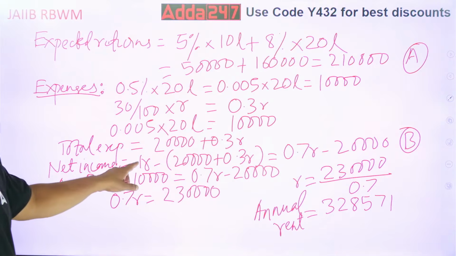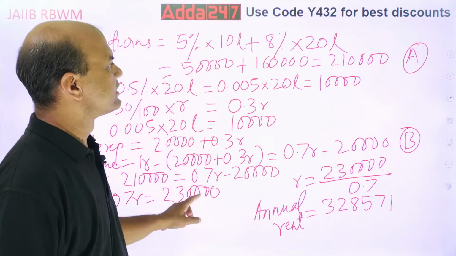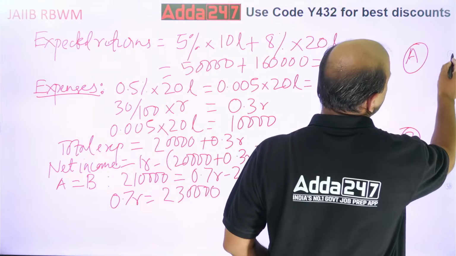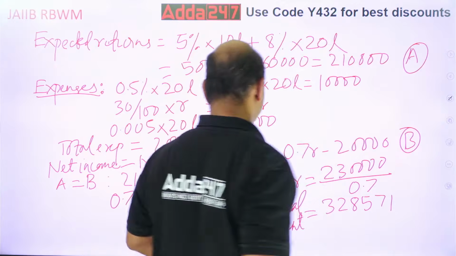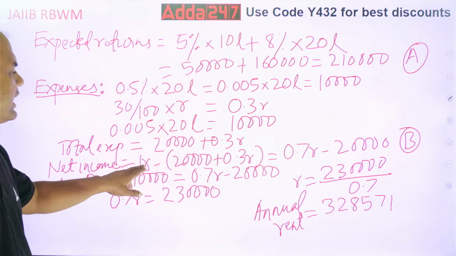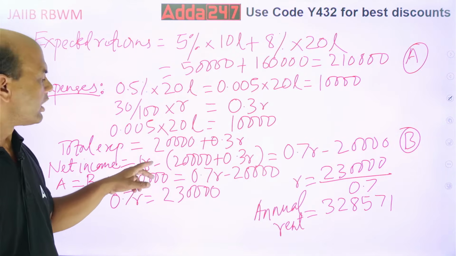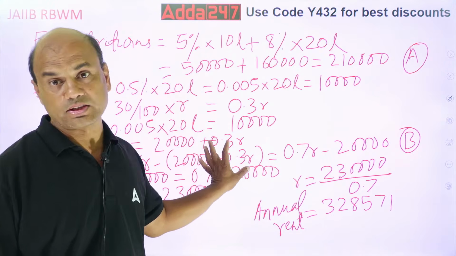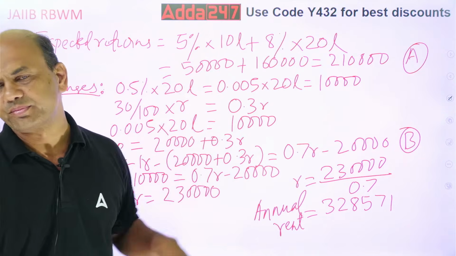See this, 1R. Understand the problem first. From the house, what am I getting? I am getting rent R. Out of this rent, this is my outgoing, which we saw earlier: 10,000 plus 10,000 plus 0.3R.